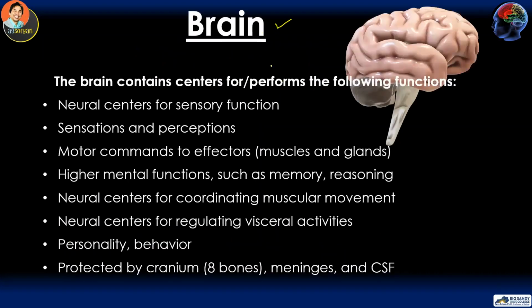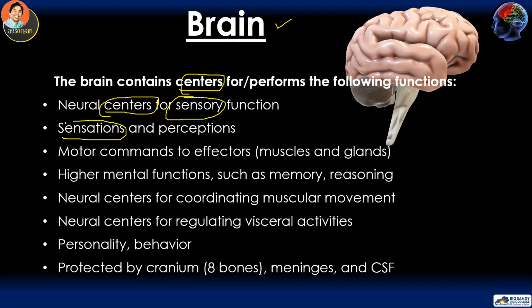Okay, so the brain is the center for almost all the actions in our body and also the sensations and perceptions that we receive. So this is the center for all activity, for sensations and also action.